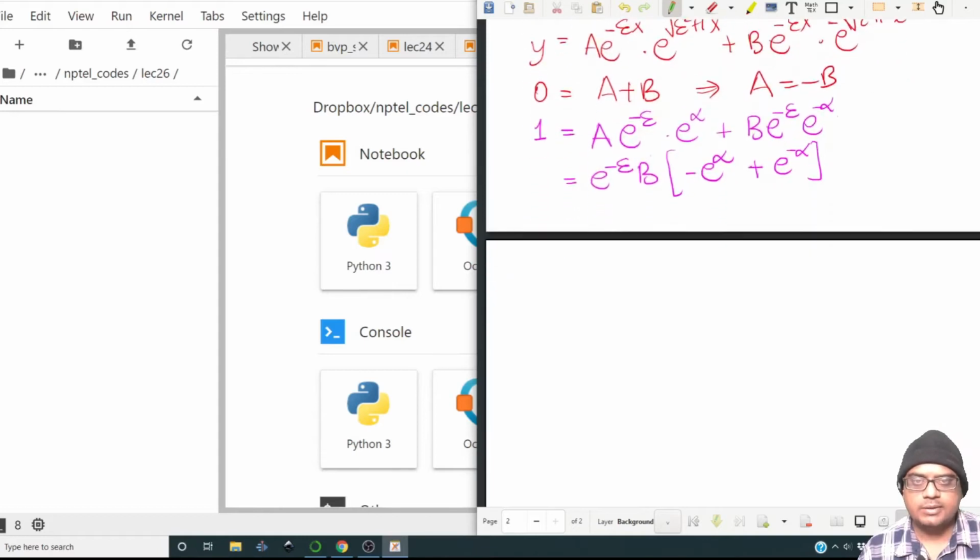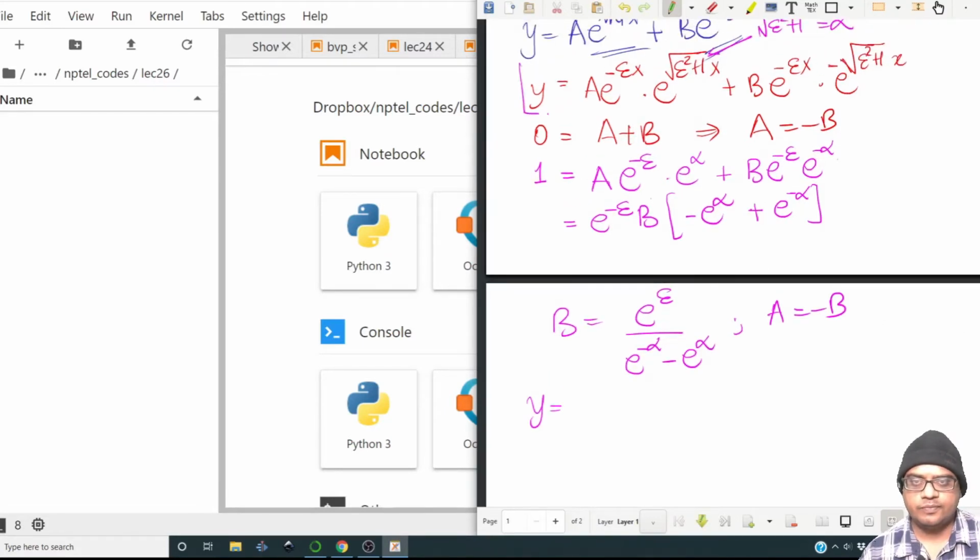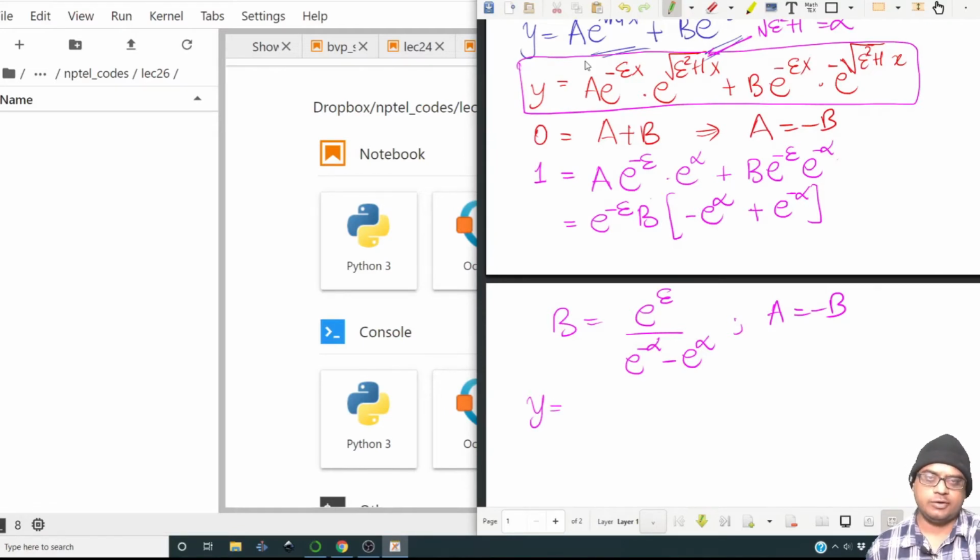So we obtain b equals e raised to epsilon divided by e raised to minus alpha minus e raised to alpha, and a is simply minus of b. So the analytical solution that we obtain is y equal to simply this expression with the appropriate constants.